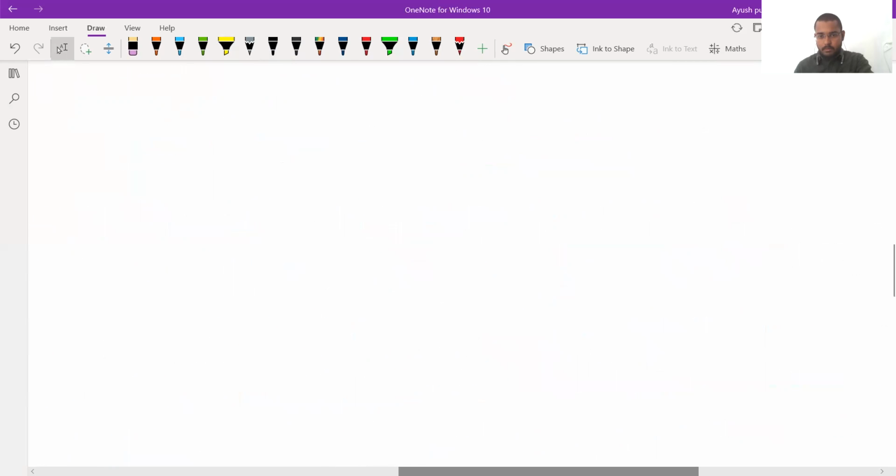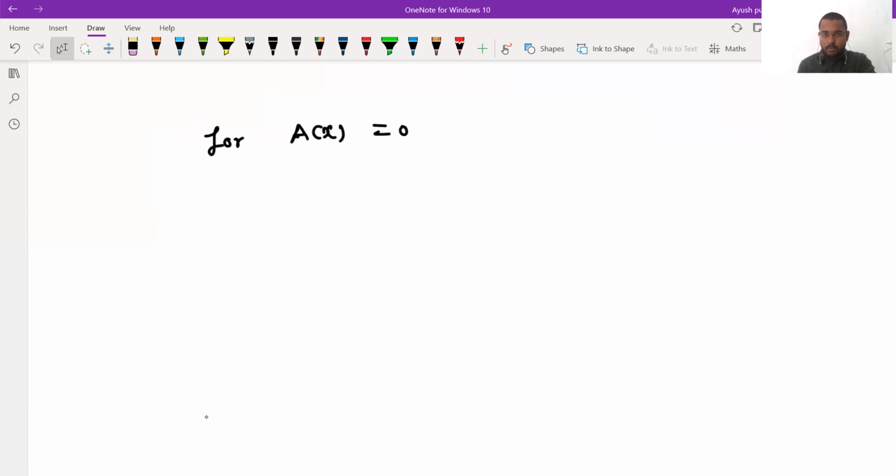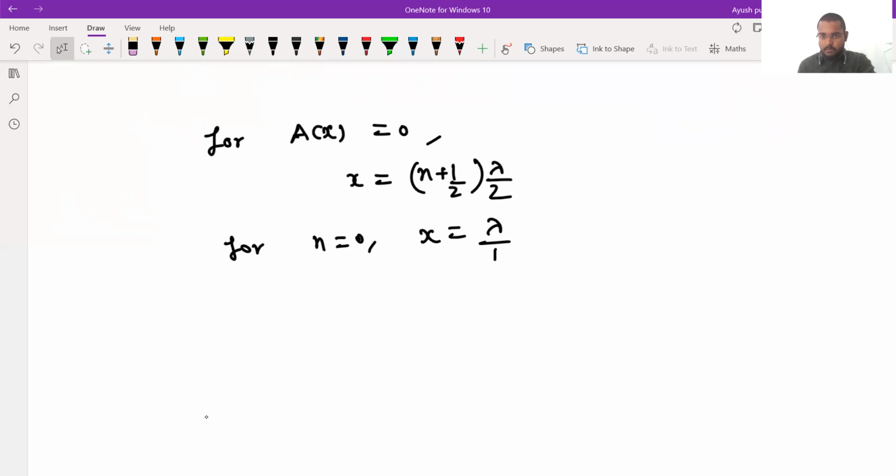For ax equal to 0, I have got x equal to (n plus half) lambda by 2. For n equal to 0, x is equal to lambda by 4, and for n equal to 1, x equal to 3 lambda by 4.